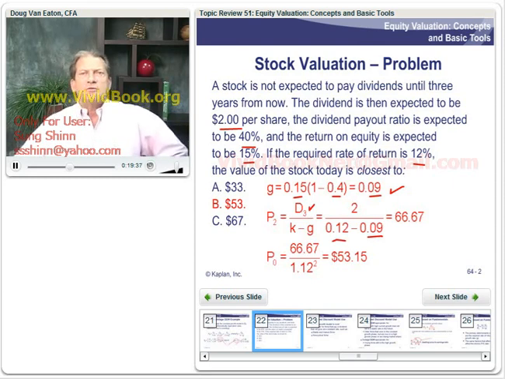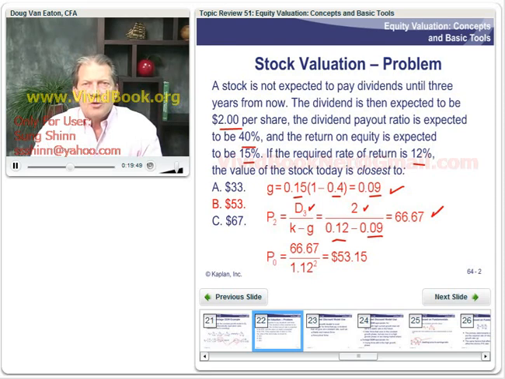Our initial dividend is expected to be $2, and we get a value of 66.67. But remember, using that formula gives us the value 1 period before that dividend is paid. So our 66.67 is actually a time 2 value at the end of the second year. So we need to discount that value back 2 more periods at 12%, our required rate of return, and get a time zero value of those expected future dividends of 53.15.